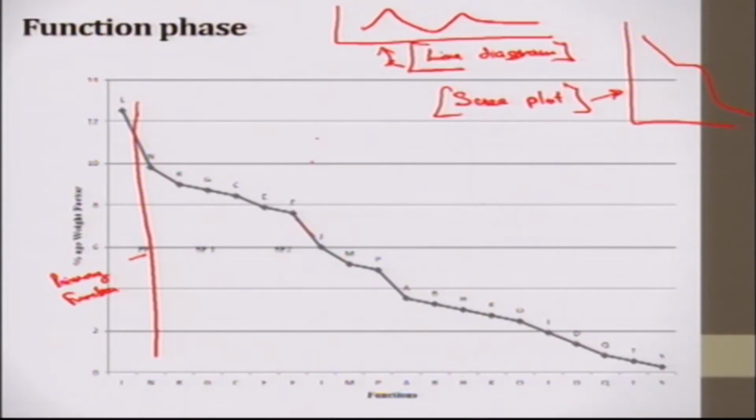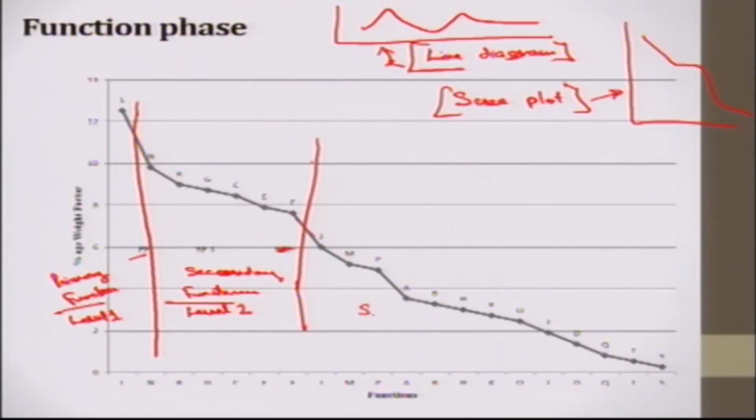Second drop is here at N. This is secondary function, functions level 2. This is actually level 1. Then the rest of the functions after function F are secondary functions level 3.